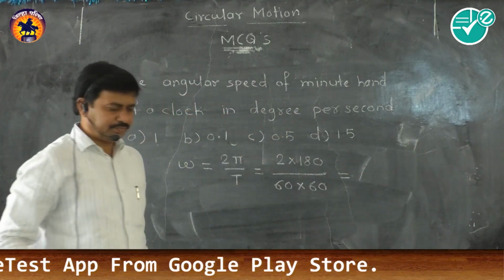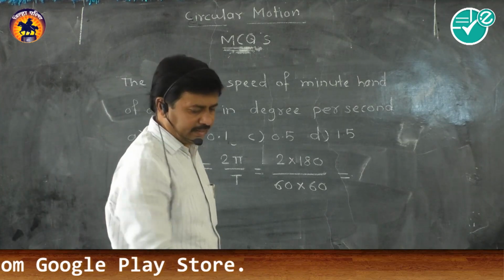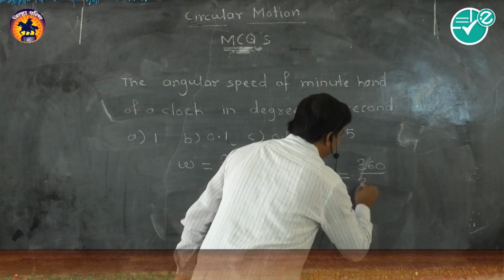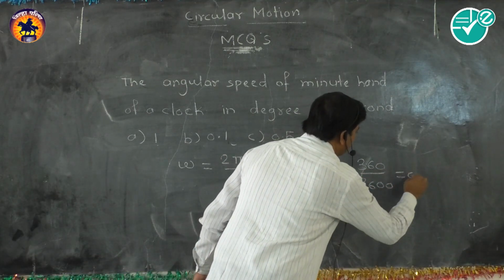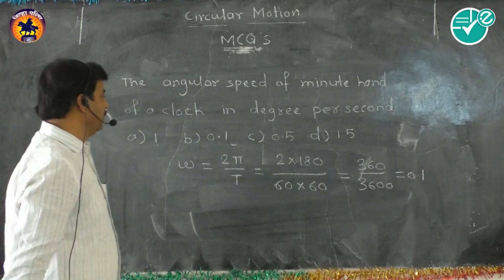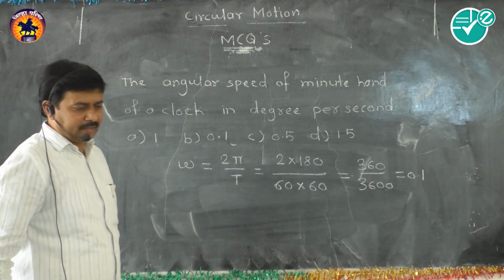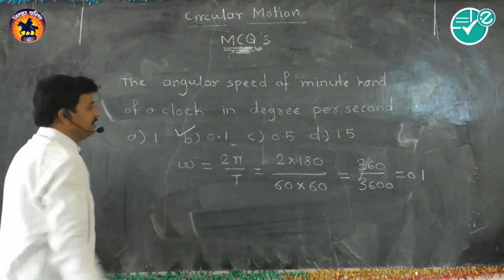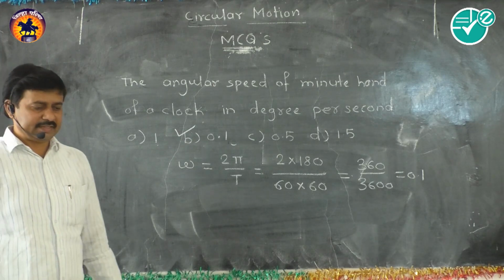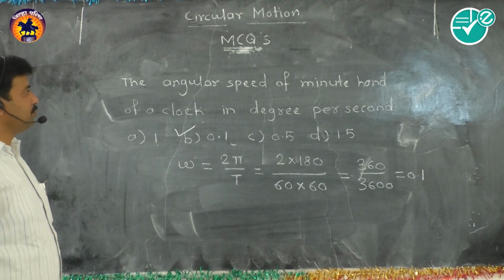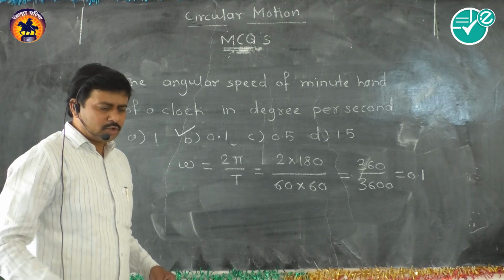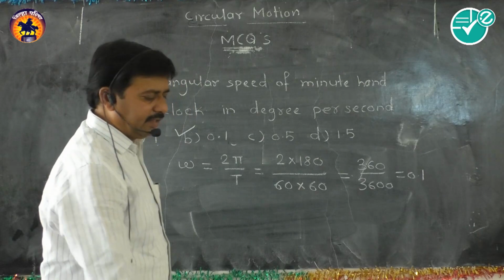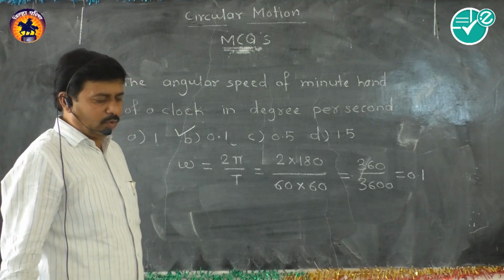So the angular speed in degrees per second will be equal to 0.1, so option B is the correct one for this MCQ. The answer is 0.1 degree per second. That is the angular speed of the minute hand. This has been expressed in different units only, and it is easily calculated.